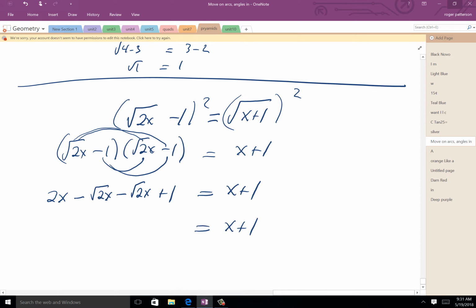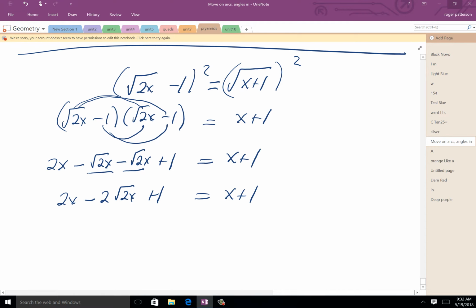All right, so we're FOILing that, right? So here, multiplying these two things, that square root just goes away. Minus 1 square root of 2, minus another square root of 2, and then plus 1. So that's that. Then we have 2x minus 2 of those plus 1. Well, the 1's here can go.